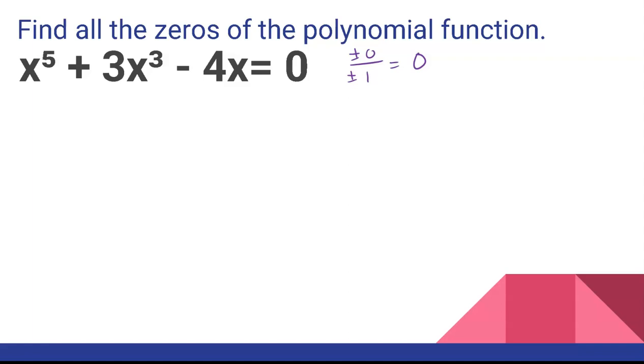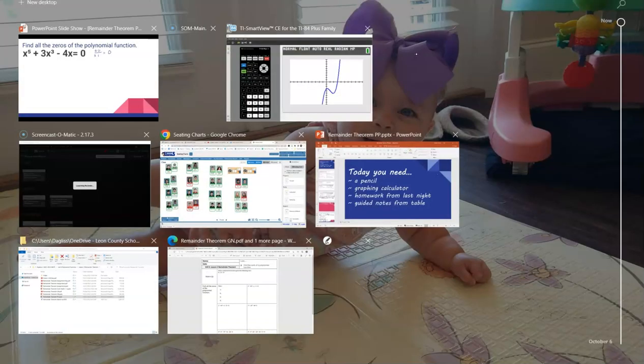Okay. Graph it and see what happens. We should have 5 answers. We need to have 5 answers. But my list is only 1 number. That's odd. Where's my calculator? There it is.